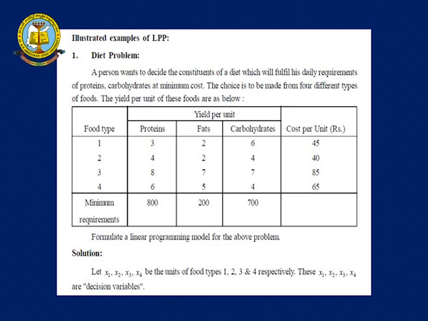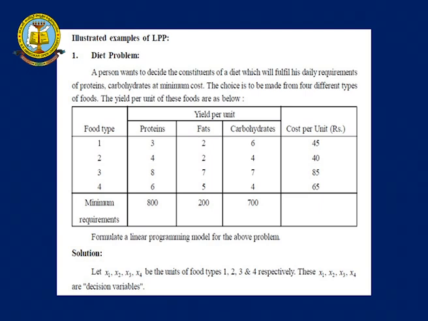Now, by reading this entire problem, we have to identify how many different decision variables are there. Here I am taking decision variables, meaning there are 4 different foods: food 1, food 2, food 3, food 4. For each individual food, I am giving a variable.